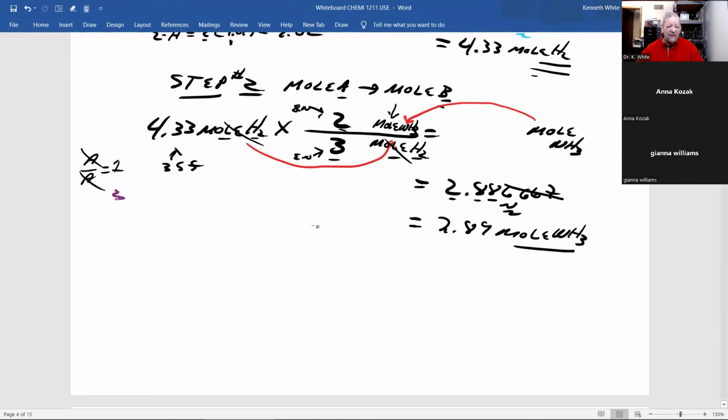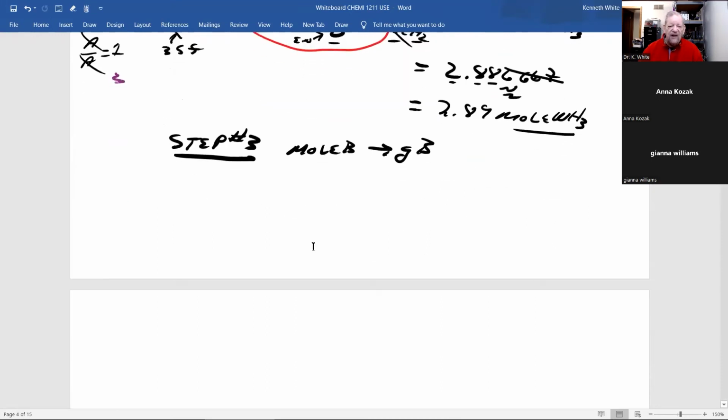So now I will need step number 3. Moles of B to grams of B. And how do we do that? Well, what's B? What we're trying to get to, our final answer.